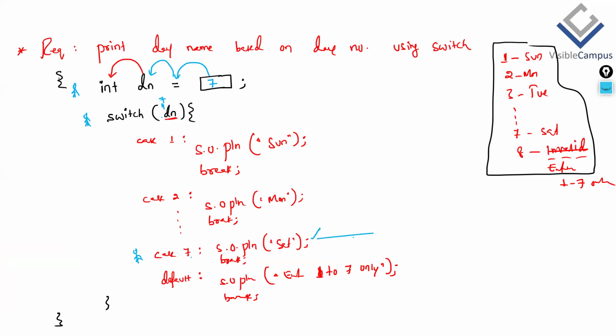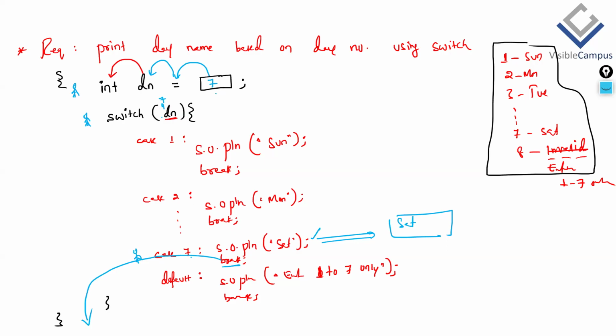So because of this print statement, what will we get in the console? Saturday is the output. After that, what is there? Break. Break means break the execution. So from here, JVM comes out of the switch block. That's it. This is how it differs, a direct execution of a matching value compared to a series of if-else statements. That's how switch functions.